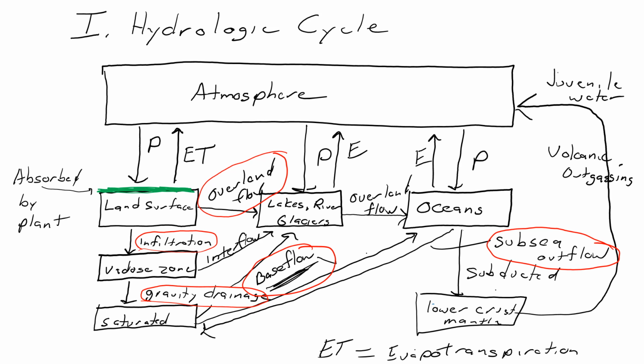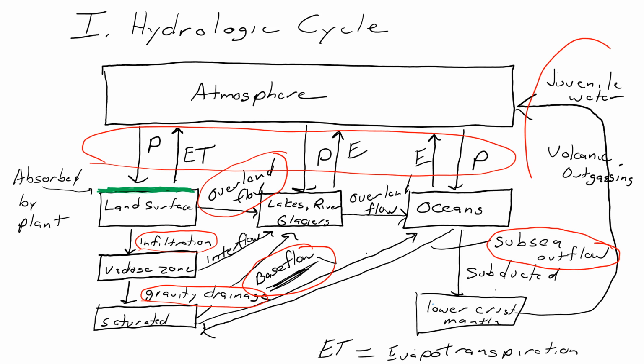We won't be able to spend too much time with subsea outflow. We won't spend too much time with precipitation and evaporation. That's for Dr. B's class. If you want to talk about volcanoes, you can take my volcanic geology class. And you pretty much have the water cycle covered.